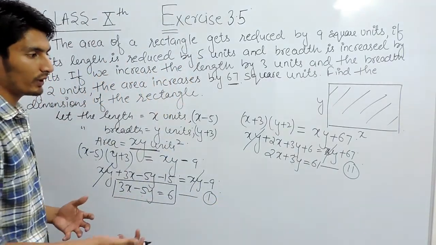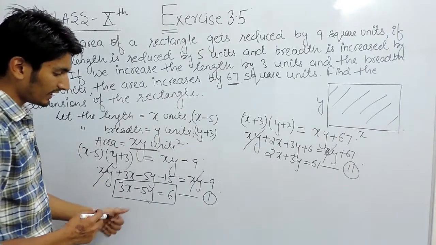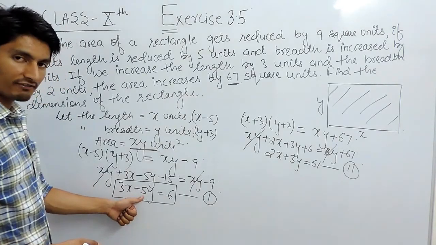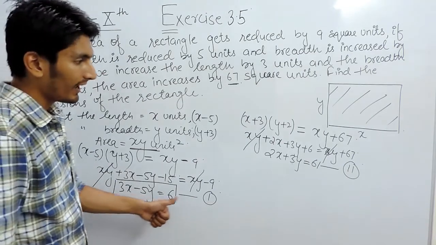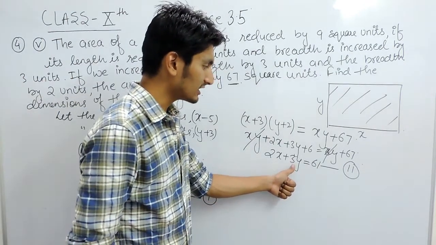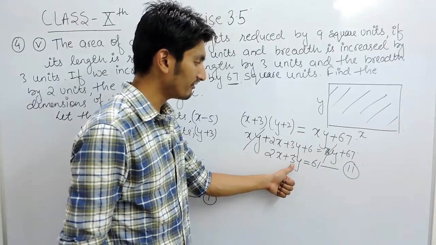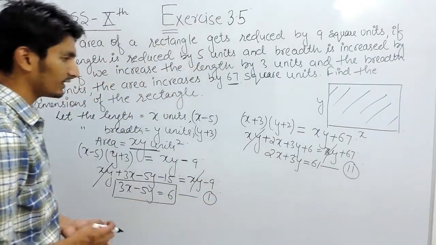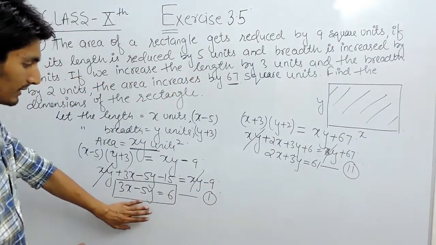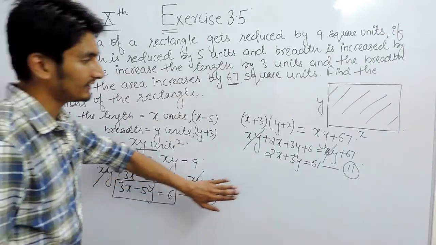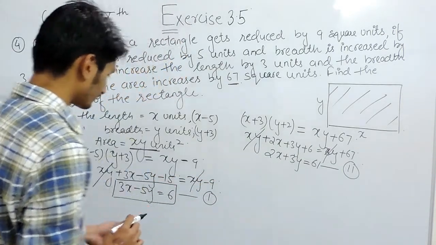So these can be equated at 15, or you can say if I multiply this by 3, this will become 15, and if I multiply this by 5, this will become 15. So these equations can be equated by multiplying this equation by 3 and this equation by 5.